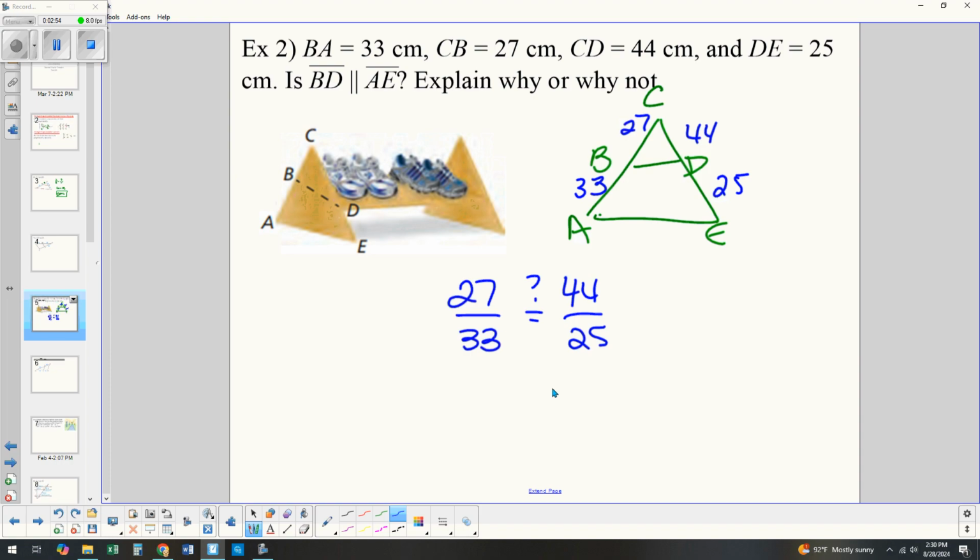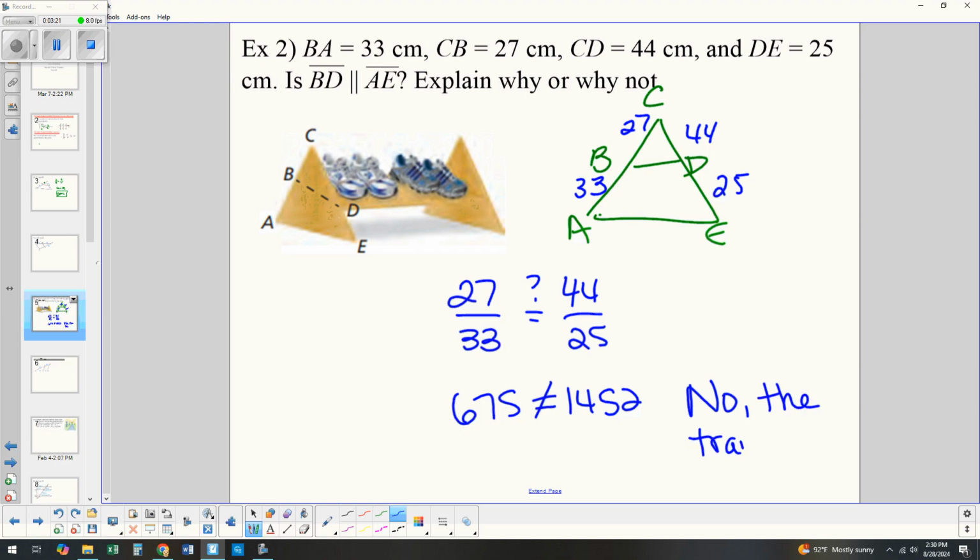I could either reduce both fractions and compare their decimals, or I can cross multiply. So 27 times 25 is 675, and 33 times 44 is 1452. Very different numbers. They are not equal. So this is no, the transversals are not proportional.